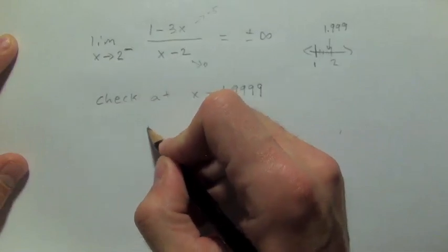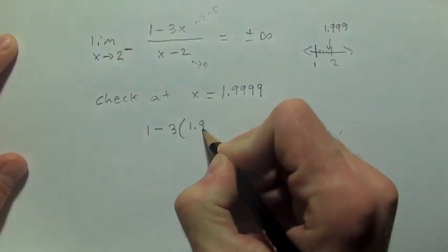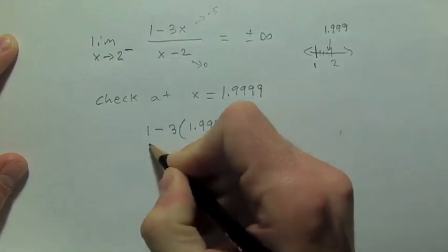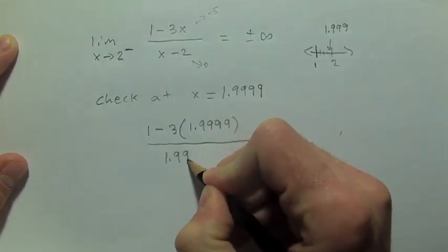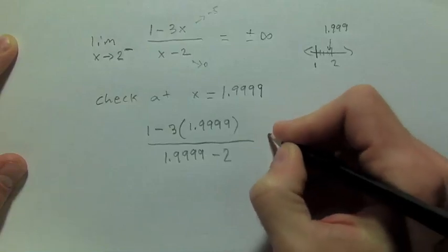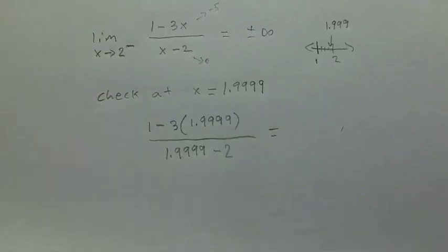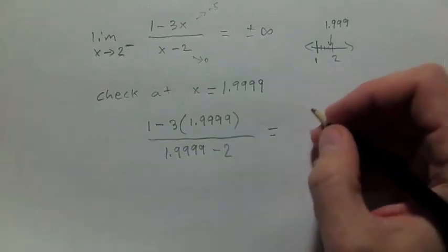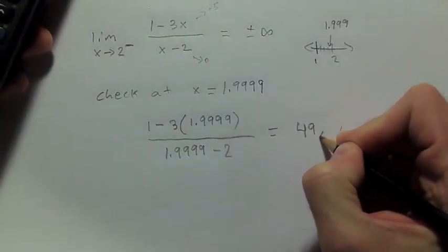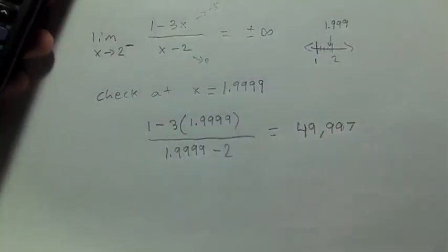So this will be 1 minus 3 times 1.9999 all over 1.9999 minus 2. And use a handy calculator for these. And I get that this is 49,997.